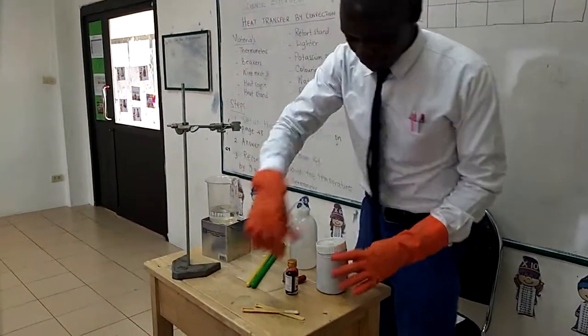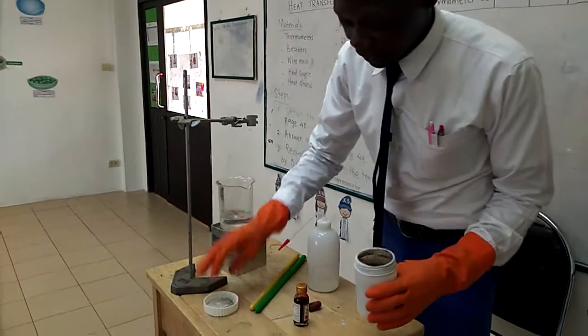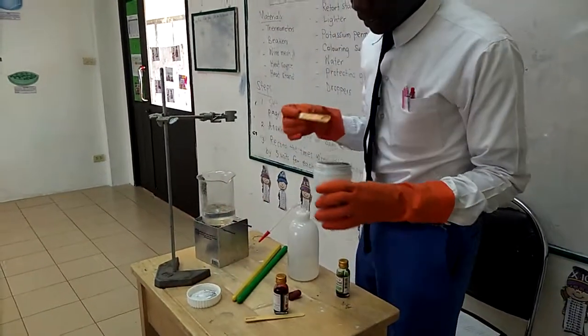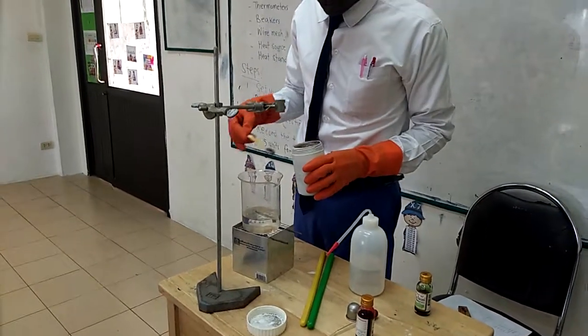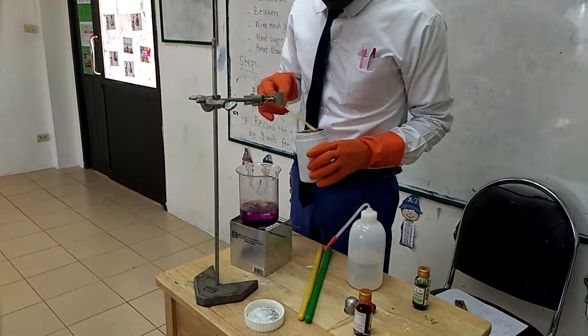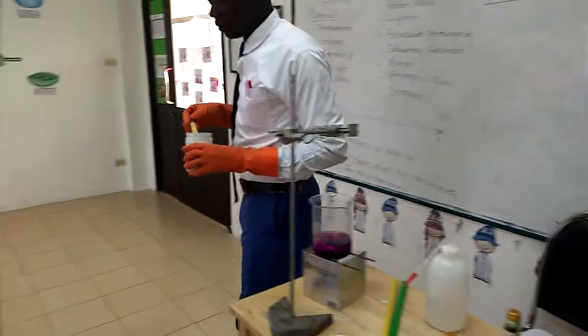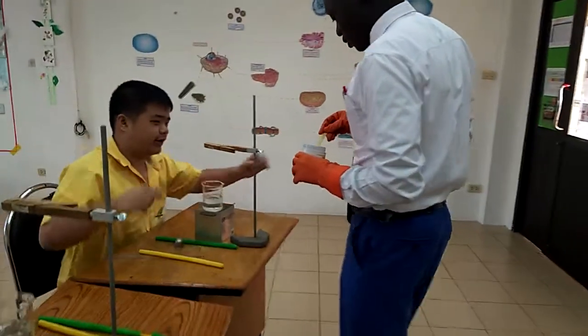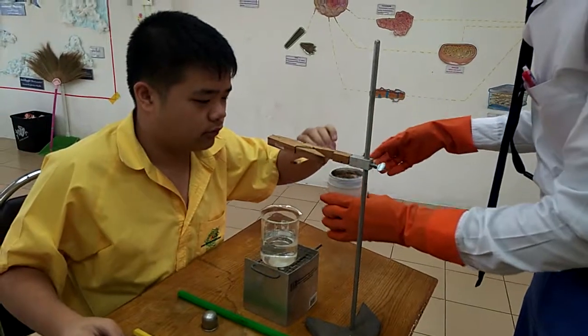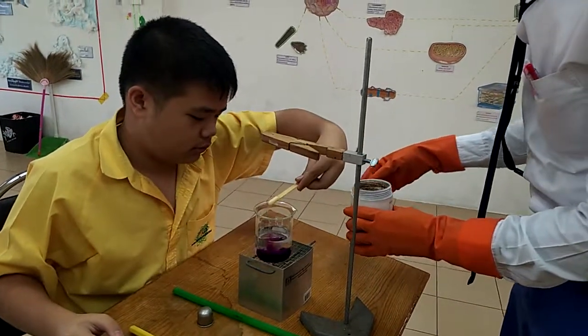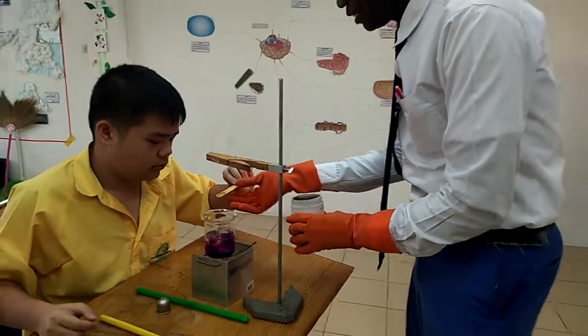So I'll get some potassium permanganate, and I'll put like 3 drops. 1, 2. Okay, that's mine. Maybe for you, I'll use some permanganate. Great, thank you. But do not shake, just leave it like that.